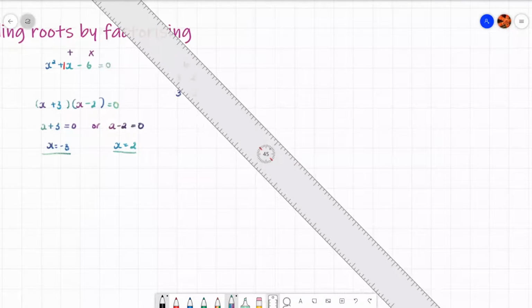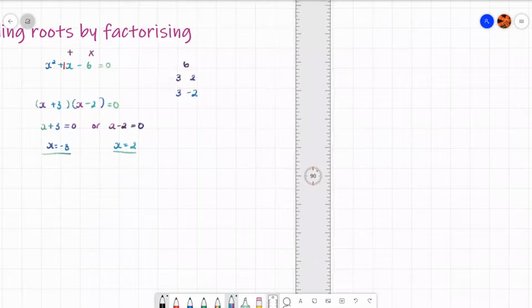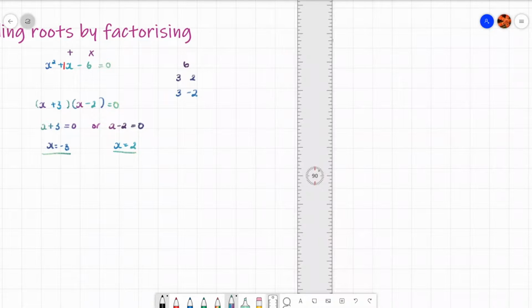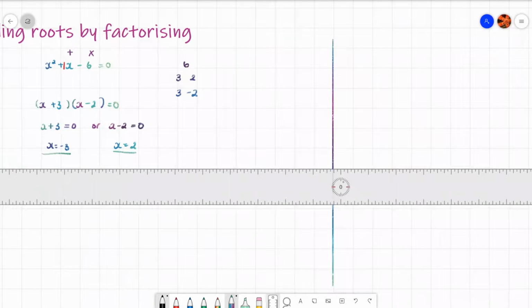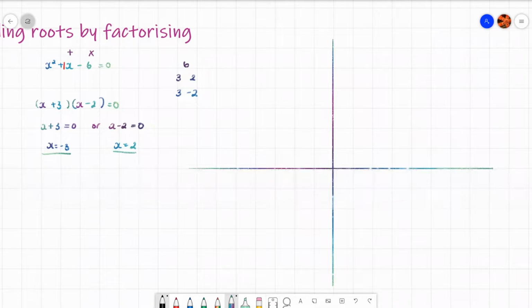I'm going to get myself a ruler and draw myself a y-axis, and then the x-axis like this. I've got 0, 1, 2, 3, 4, 5, minus 1, minus 2, minus 3, minus 4, and minus 5.